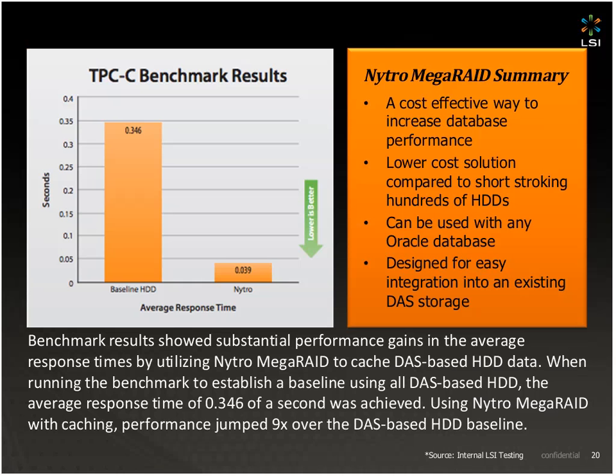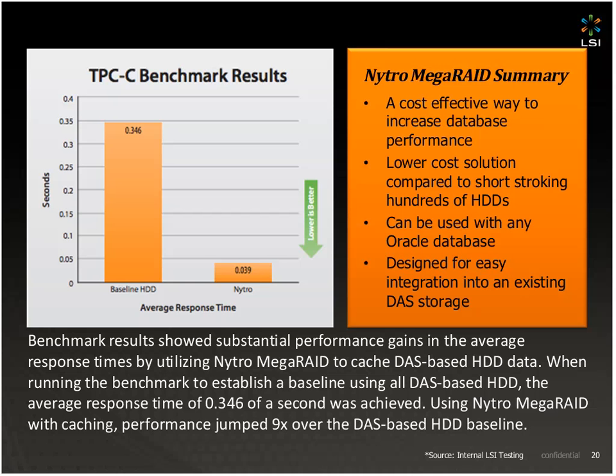So MegaRAID is a lower cost solution compared to short stroking hundreds of hard disks, can be used with any Oracle database release or edition, and is designed for easy integration into an existing DAS storage. In the stats on the left, you'll see that with the baseline hard disk, we got a third of a second response time.